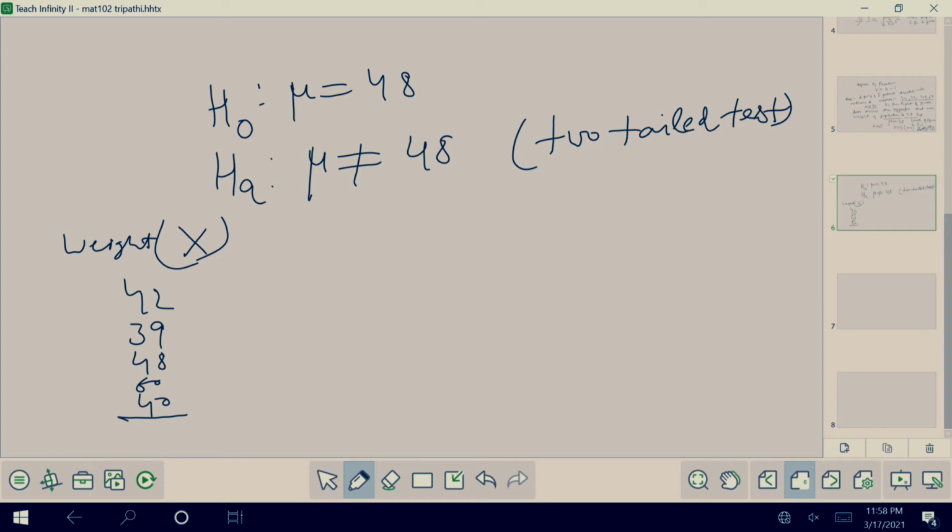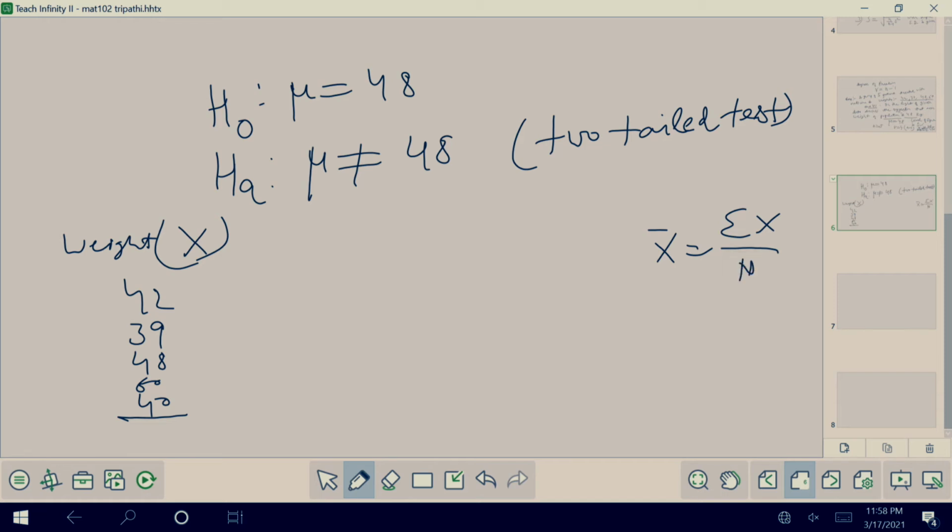What is the formula of x bar? Very simple. This is an individual series. In an individual series, we calculate x bar as sigma x divided by n, right.